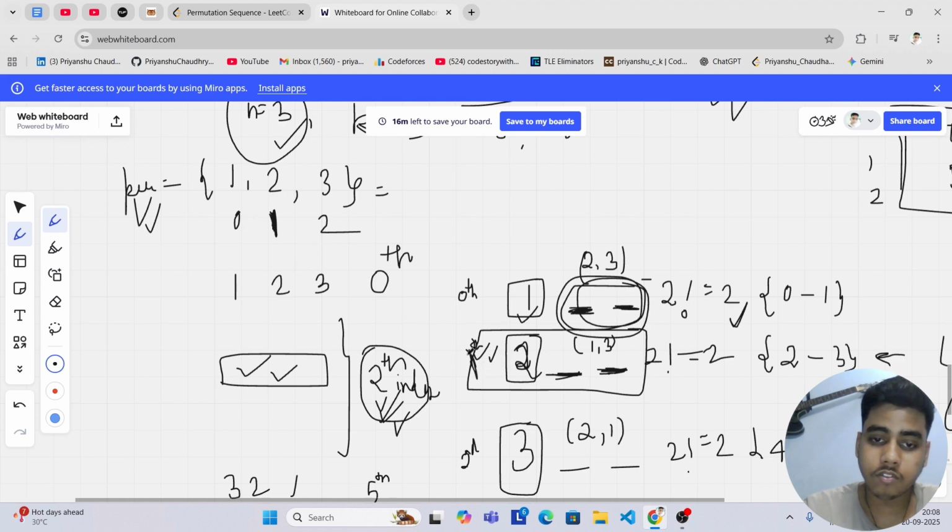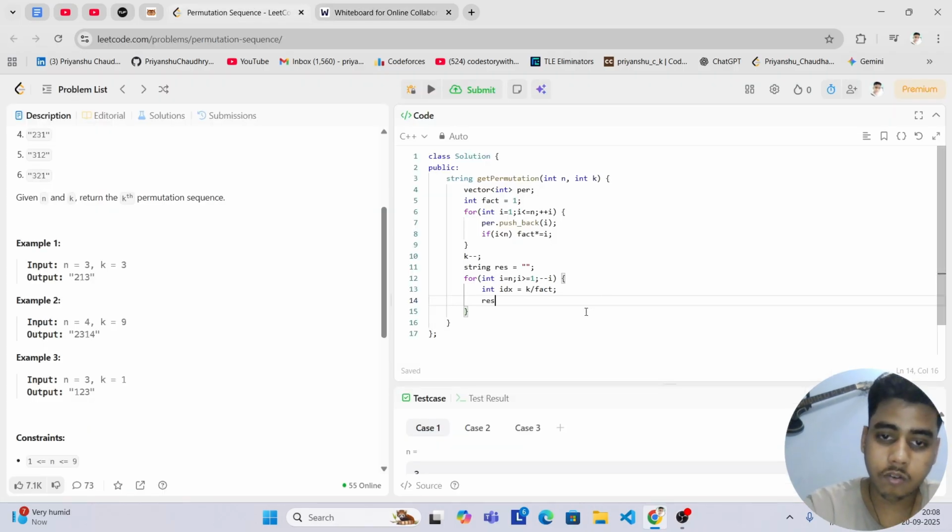All right, so this was stored at the first index, so here also in permutation it is stored at the first index. So I will take 2 here, and in my result I will push back permutation of index.